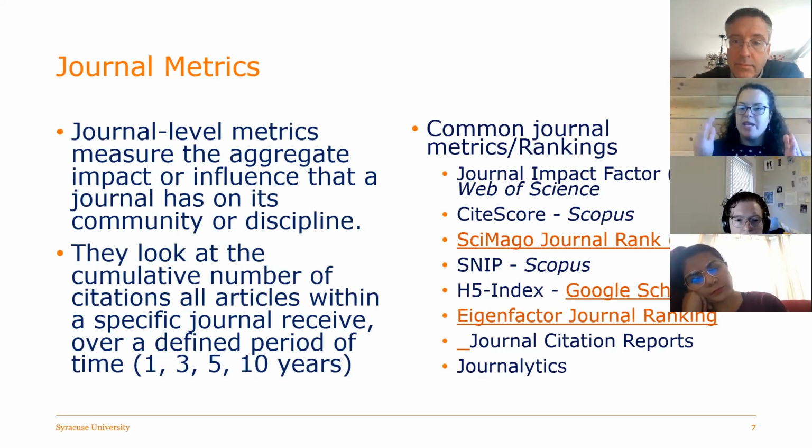And then it's looking at how much attention those articles are getting. So it's looking at other people that are publishing in other journals, how many times are they citing those articles in the Journal of Communication Disorders? If you need to clarify that at all, please put it in the chat or again unmute.